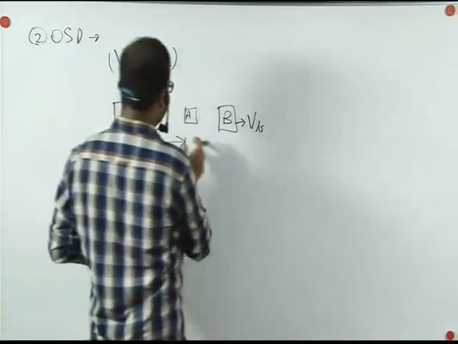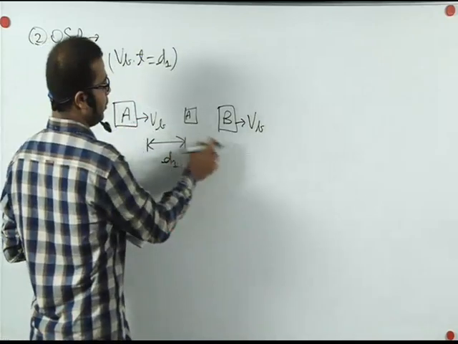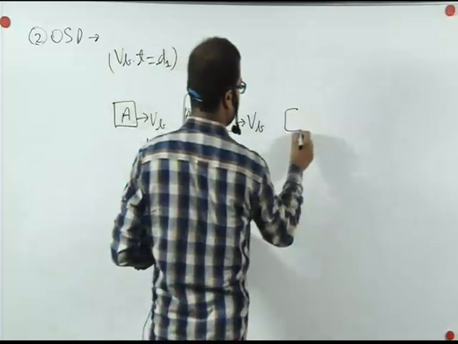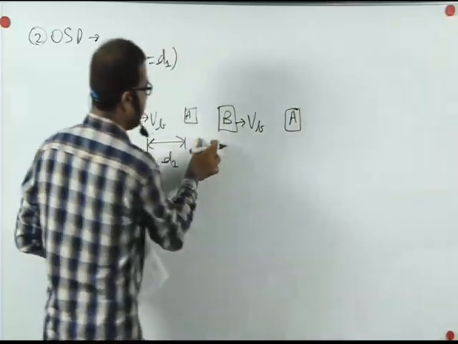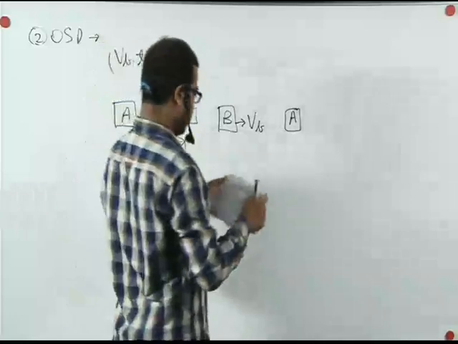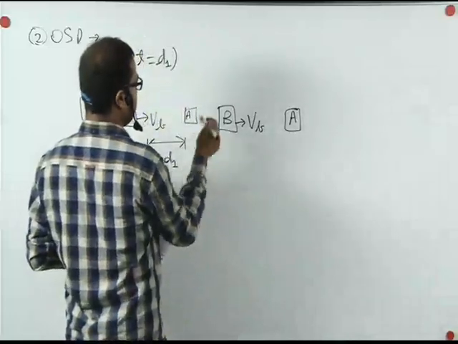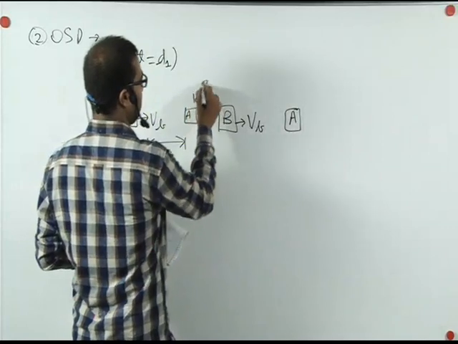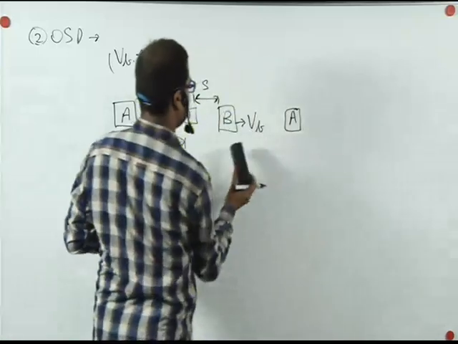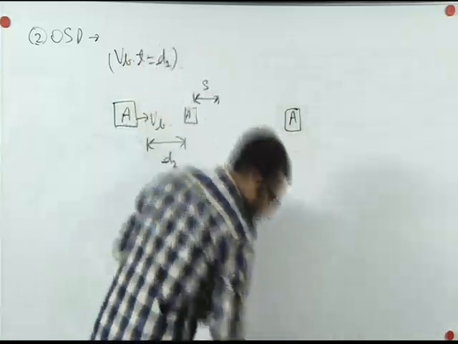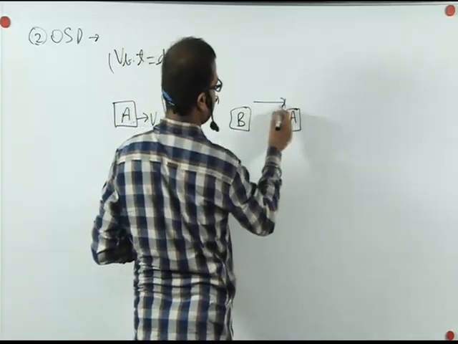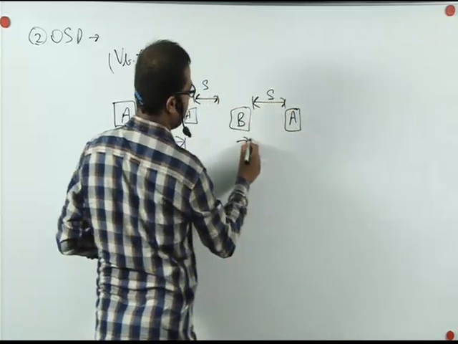Suppose after overtaking, this vehicle overtakes B by following this specific manner and arrives here. And again, it will maintain a specific distance. The distance between two vehicles will be maintained, and we will generally consider this distance as S. And this is moving with velocity Vb.